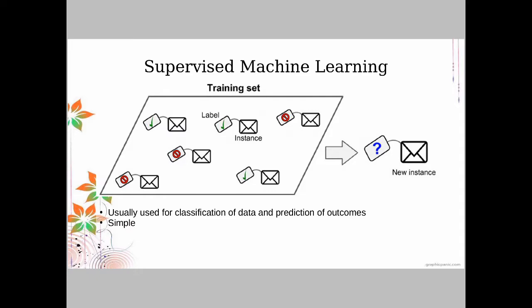In supervised machine learning, your training set, basically your data here, are labeled. It's just like, if you're the teacher and you're training your students, you're giving them both the test questions and the answers to the test.